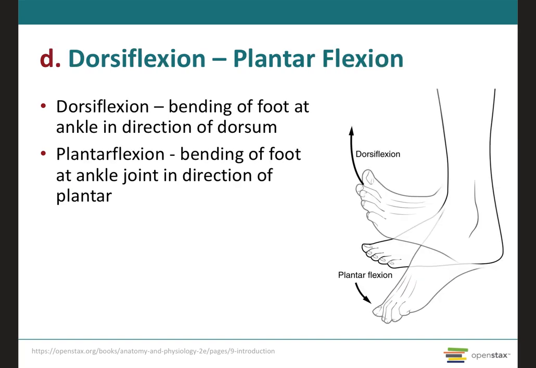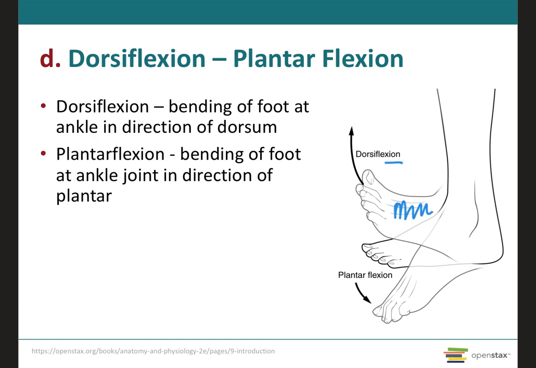Here we have dorsiflexion and plantar flexion. Dorsiflexion is going to refer to the bending of the foot at the ankle joint. So this would be the joint between the tibia, the fibula, and the talus in the direction of the dorsum. The dorsum is the superior surface, therefore this area here.